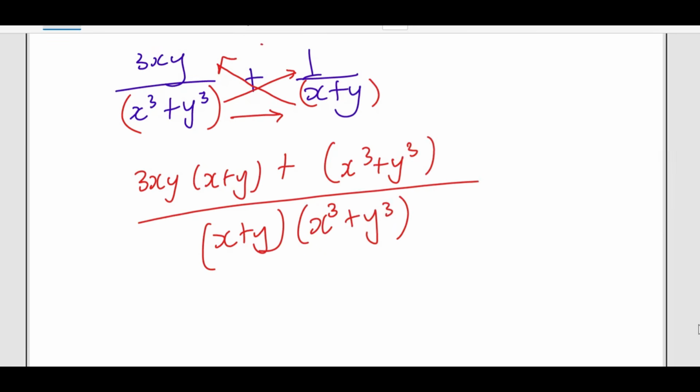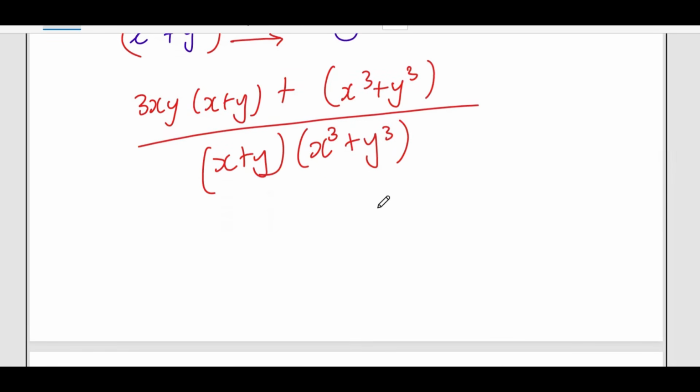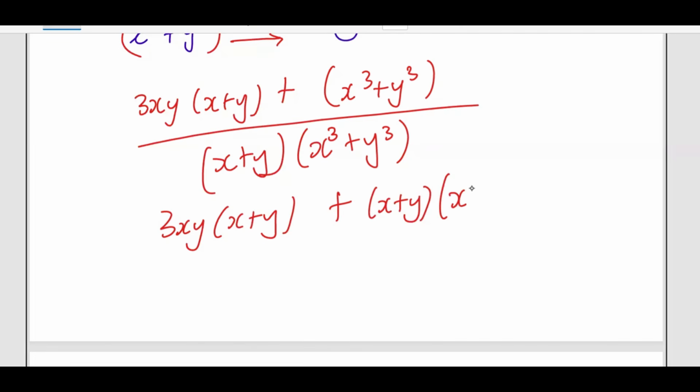Okay, then let's take out what is common, or do we need to open? I don't want to open this. I would rather expand this. So 3xy into x plus y. When we look at the sum of 2 cubes, it's going to be x plus y into x squared minus xy plus y squared.